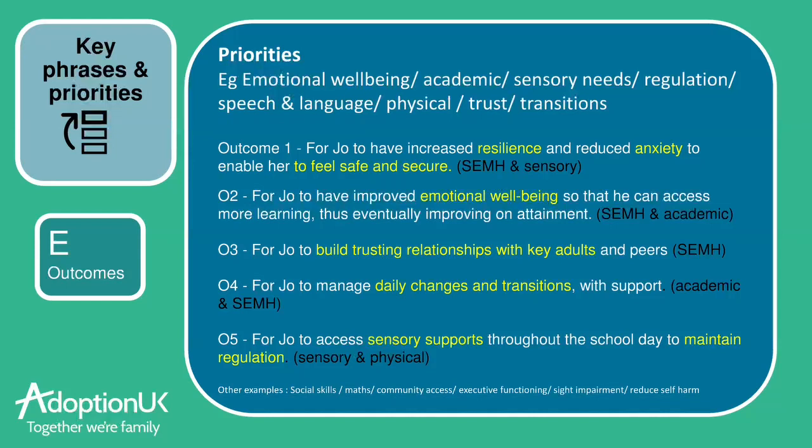So you may need to seek further advice on how to do that. But often these outcomes are written for the long term, year 2, 3 years. So we do need to look at how they're going to achieve these outcomes and what support needs to be put in place to do that.